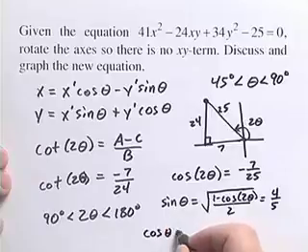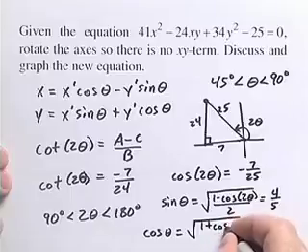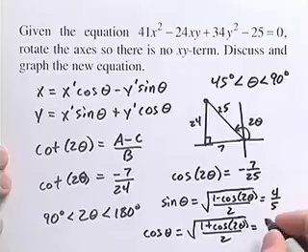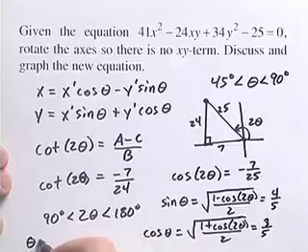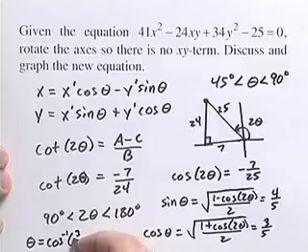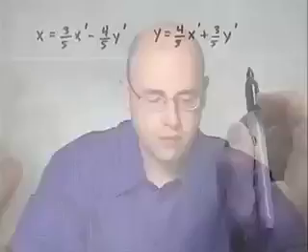The cosine of theta is equal to the square root of (1 plus cosine 2 theta) divided by 2, which is equal to 3/5. You can find out what theta is. Theta is equal to cosine inverse of 3/5, and that's about 53.13 degrees.